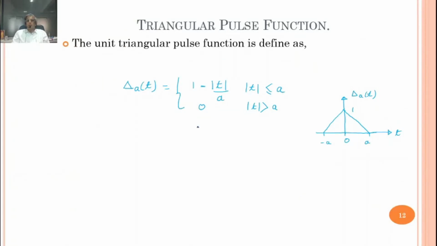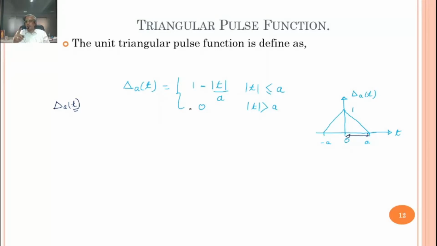Then the triangular pulse function. The triangular gate function is denoted by delta of t by a, where a is the duration of this pulse function. Here it is increasing and then decreasing, with a rising edge and a falling edge, and the slope is the same for both edges.